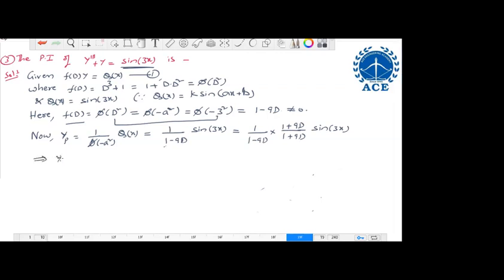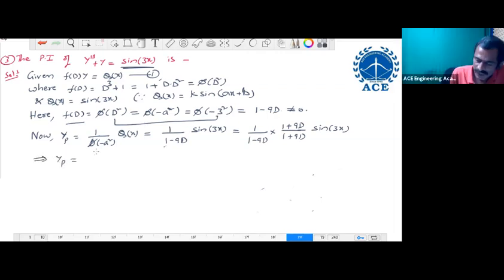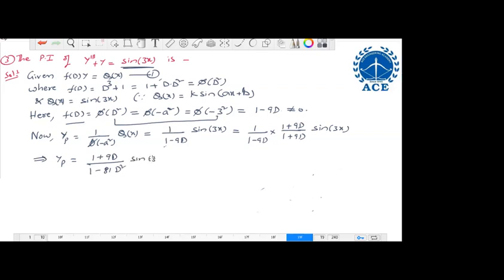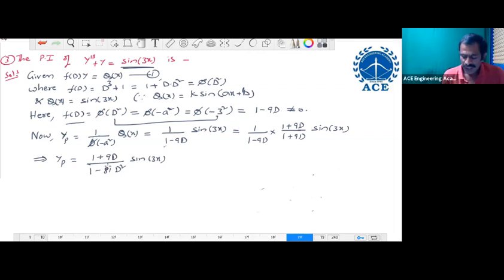which implies yp equals (1 plus 9D) divided by (1 minus 81 D square) of sine 3x. Now we can operate any one first.